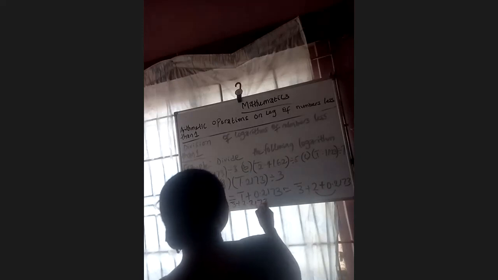So we have bar 3 plus 2.2173, which is the same thing as bar 1.2173.